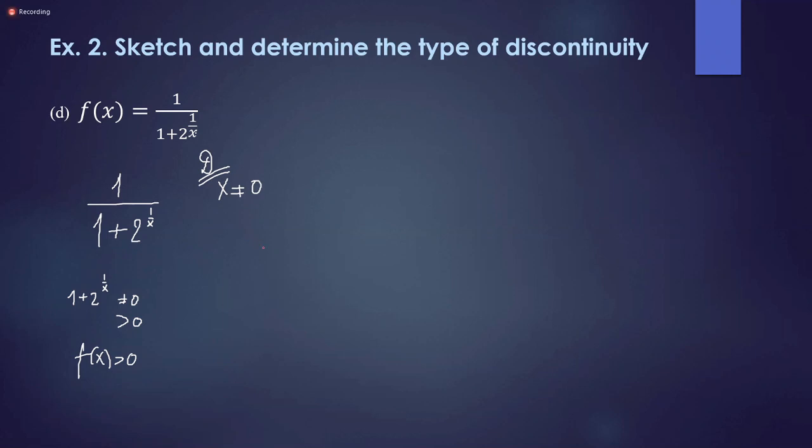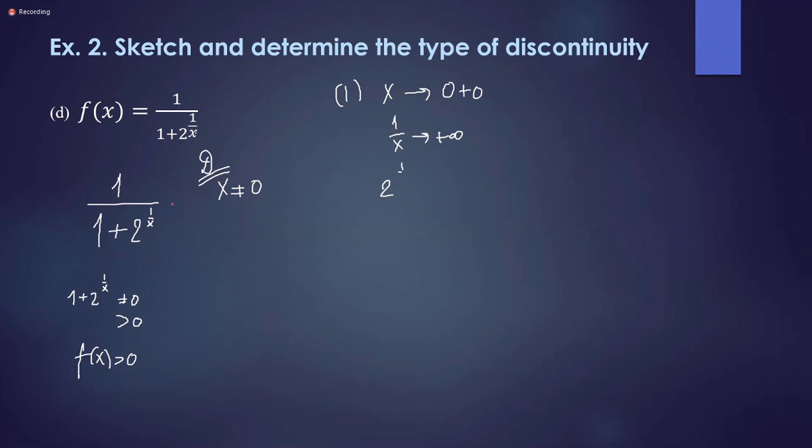So, all right, when x tends to 0 plus, 0 from the right, then 1 over x tends to positive infinity. 1 divided by positive infinitesimal means 1 over x tends to positive infinity. Then 2 to power 1 over x, 2 to power positive infinity, also tends to positive infinity.